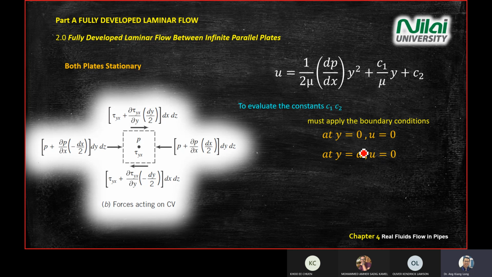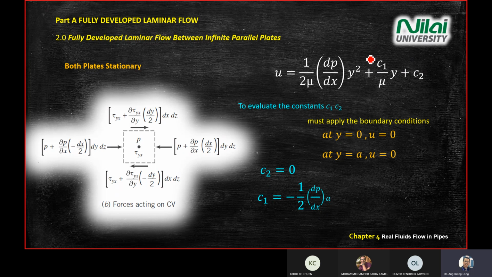That means you put 0 and a in the equation here. So you use these two boundary conditions and you are able to find C1 and C2. You'll get C2 equal to 0. You do the math as your homework. When you apply the boundary conditions, you'll get C2 equals 0, C1 equal to negative half dp/dx times a.